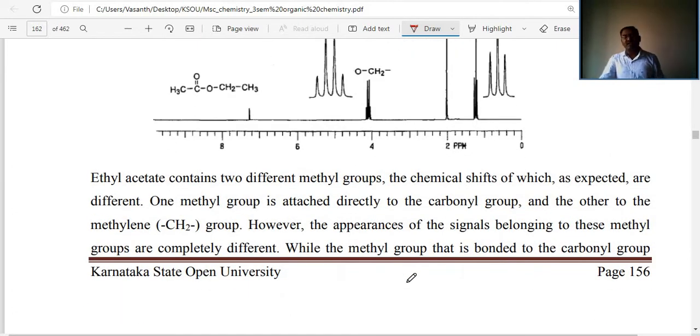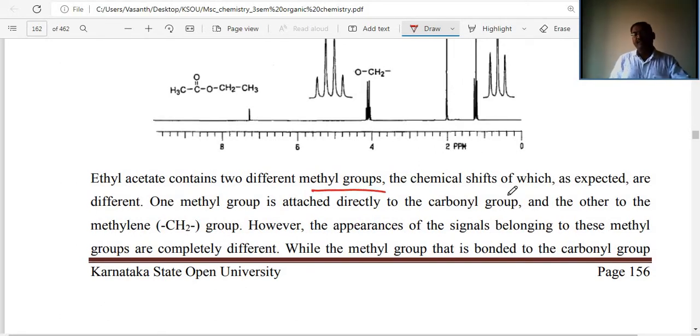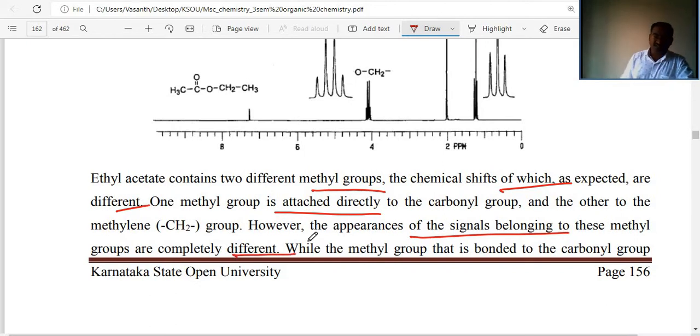Ethyl acetate contains two different methyl groups, the chemical shifts of which, as expected, are different. One methyl group is attached directly to the carbonyl group, the other to the methylene group. However, the appearance of the signals corresponding to these methyl groups is completely different.